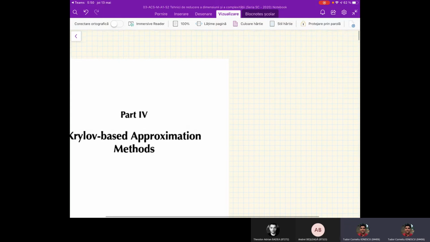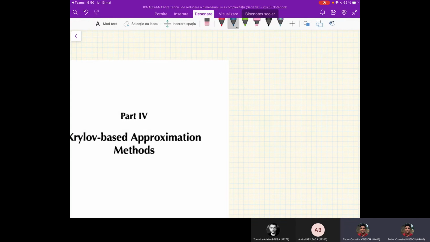Okay, so we start with a system, with inputs and outputs and the state, x, u, y. x is of dimension n, y and u can be of several dimensions: multiple input, multiple output, single input, single output, and so on and so forth.